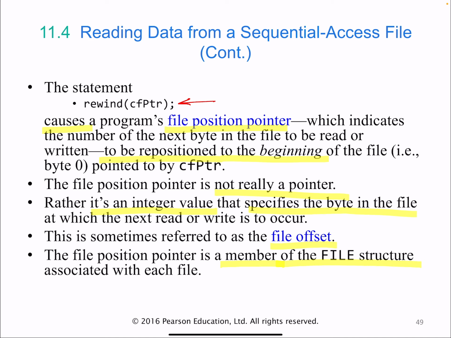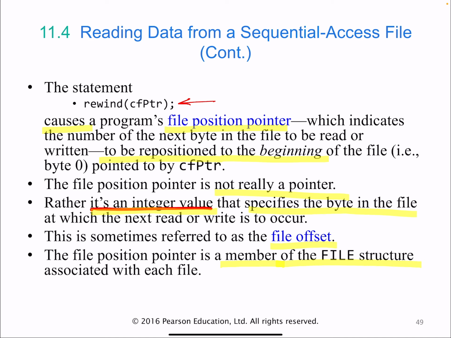As you read along into the file, the file position pointer takes on integer values. So really, all this file position pointer is, is just an integer value. It's just a count of the byte number of the data in the file that you're reading at, or writing to.